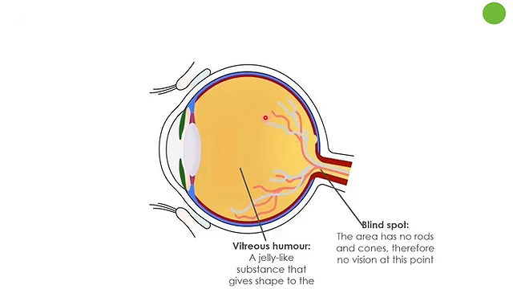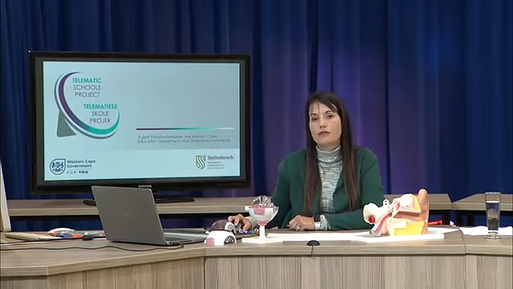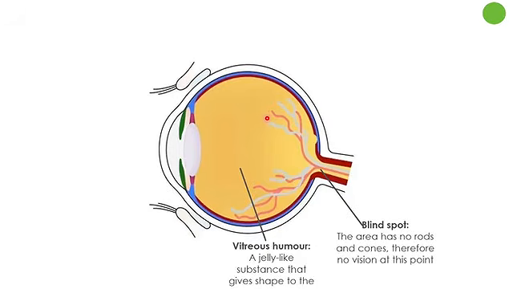Then there's a very specific area in our eye, right at the back where our nerve moves out of the eye, and that is the blind spot. So right here at the back of the eye, there's an area where there's no nerve cells, no rods and no cones.